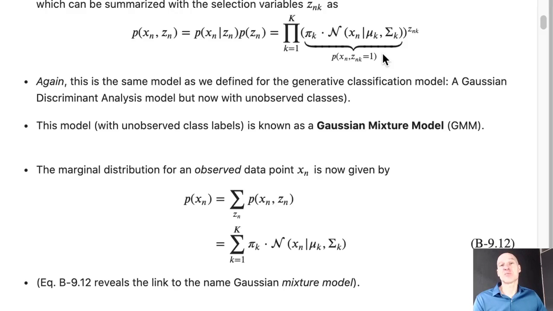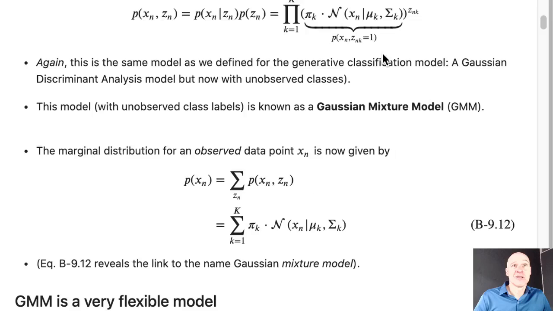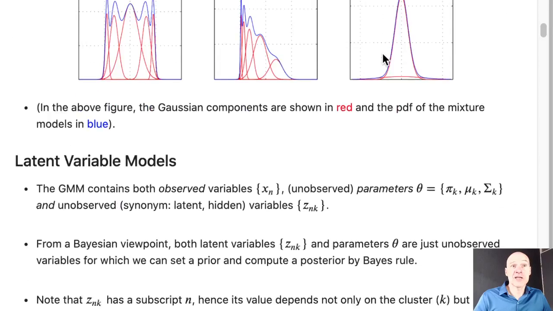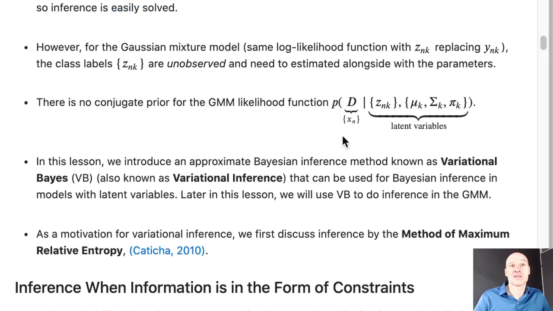By the likelihood function we mean the probability for all the data given all the latent variables, the parameters, but also the class labels. We cannot come up with a good prior for this that, if I multiply it, will give an analytically computable posterior. So that's a serious problem.